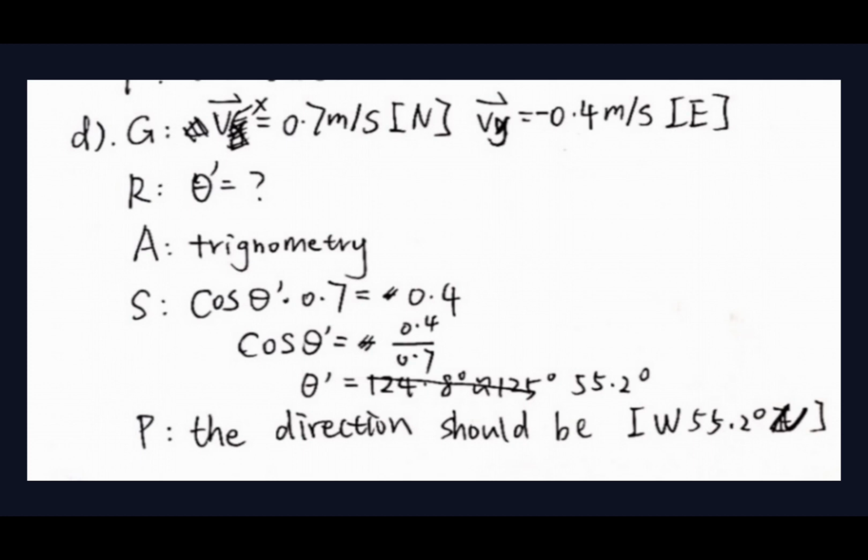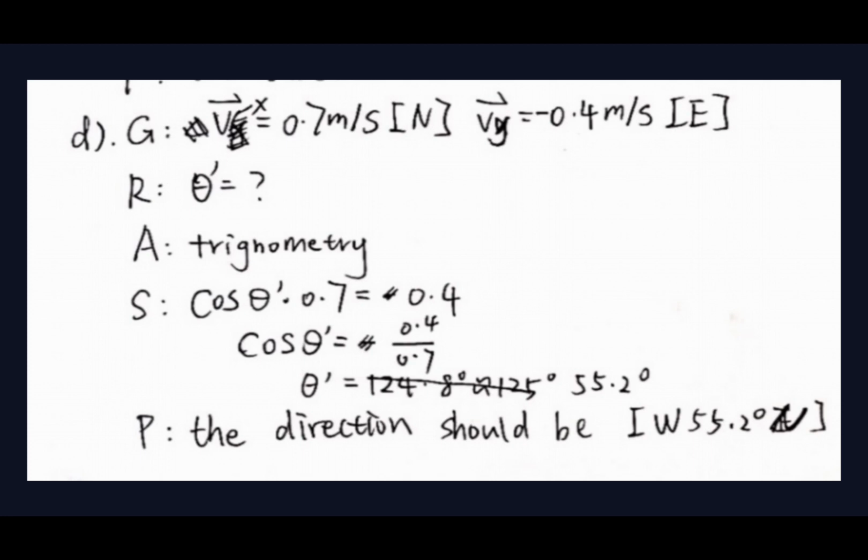By also applying the GRASP method, we get that Vy equals 0.7 meters per second. But 0.7 is not only the vertical component here, because there's an angle, so just use V, okay?